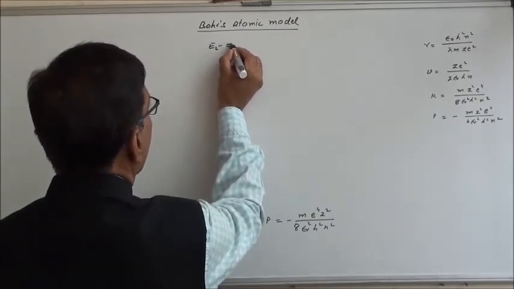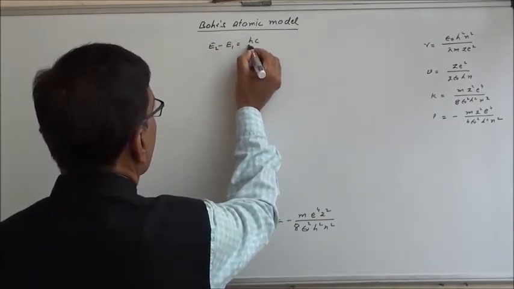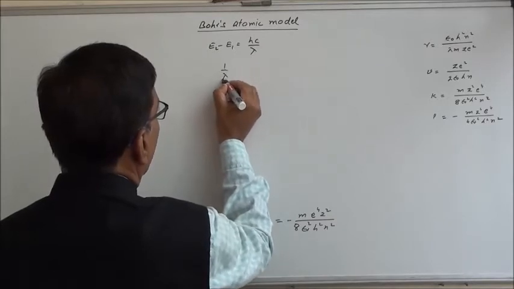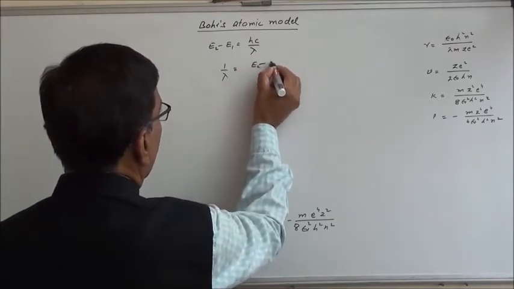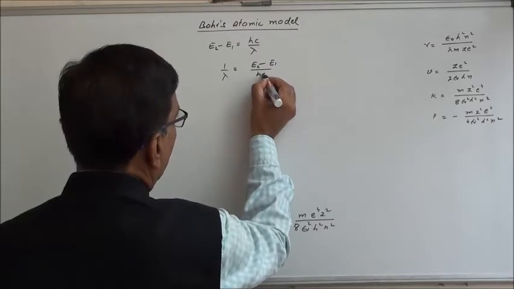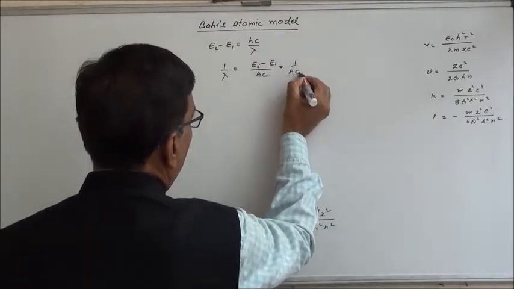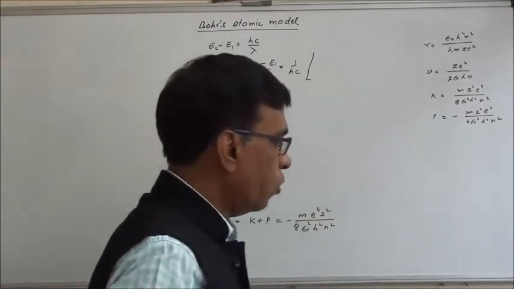E2 minus E1 is hc by lambda. So 1 by lambda is E2 minus E1 by hc. So it is 1 by hc times E2 minus E1.